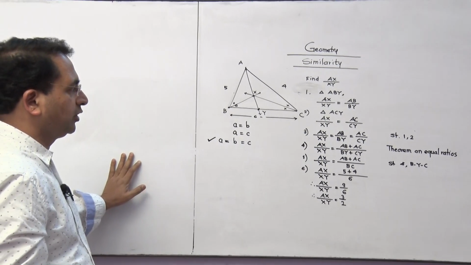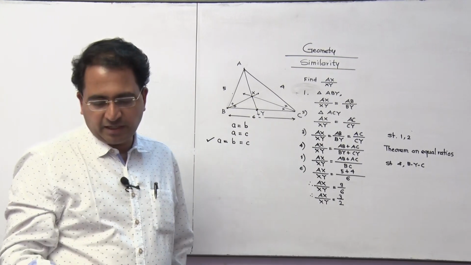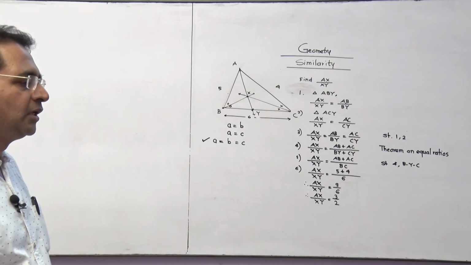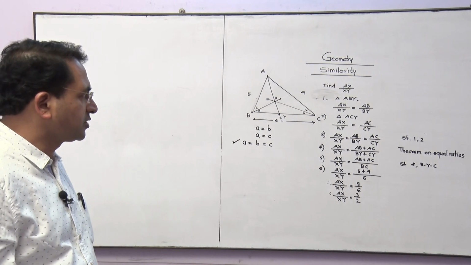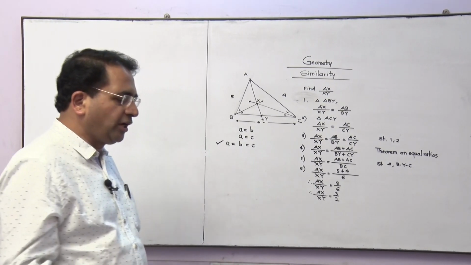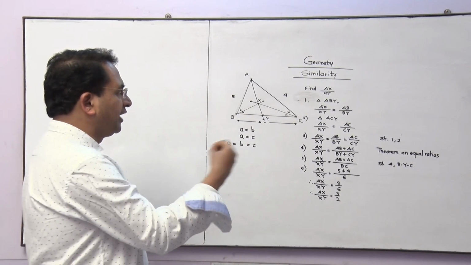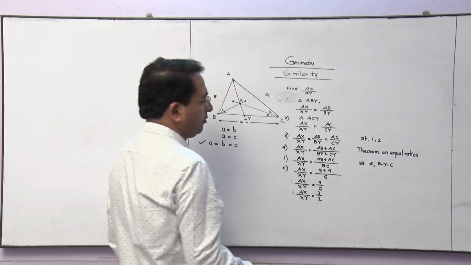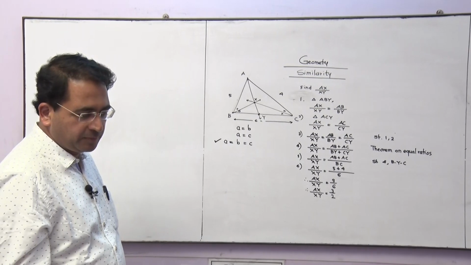I think that is what is expected. Remember one thing: if they ask you to find the value of something, then that comes under the heading analysis. Suppose they are talking about a general question to prove something, then you write statement and reason. But I am giving you one more piece of advice.